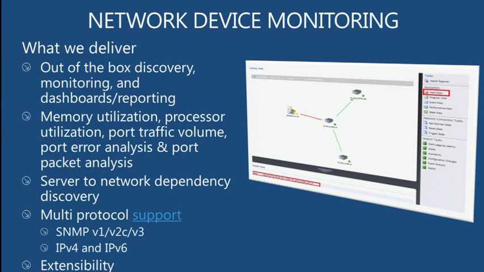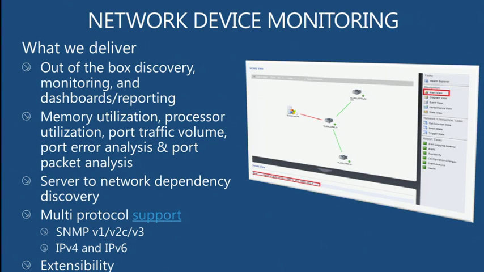We've normalized that information we collect as well. Lots of different devices provide information in different ways. What we've done with our network monitoring, regardless of the device that you're monitoring, is to be able to view memory utilization, processor utilization, standard across that in familiar Operations Manager views.